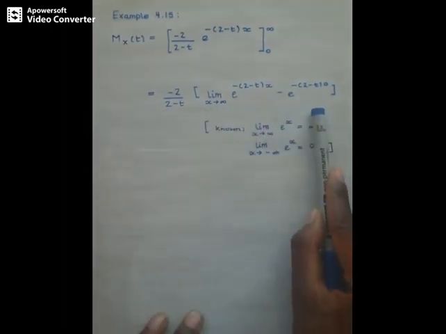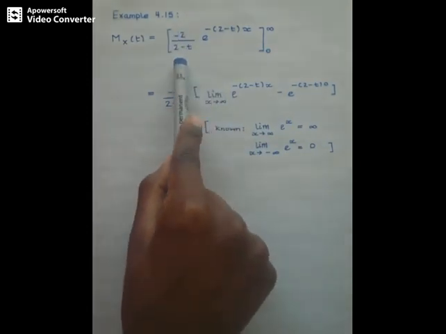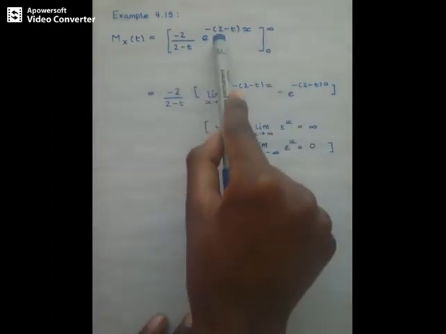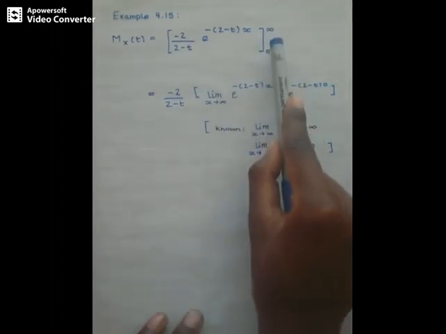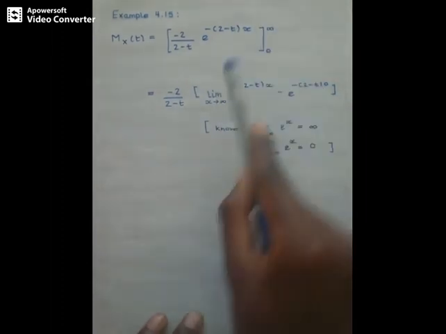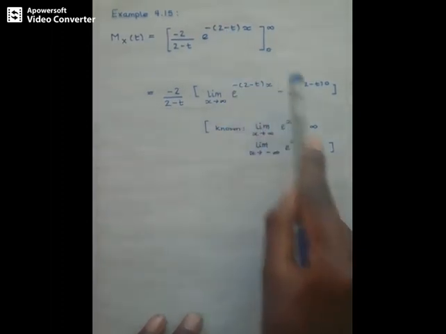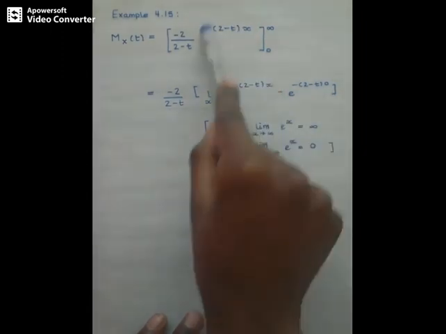I've taken out this term here because it doesn't depend on x, so it won't be affected by our substitution. It's merely a multiple on this exponent. So we're going to focus on this part where we substitute 0 and infinity. This part represents where you substitute infinity in there. This part represents where you substitute 0 in the same function.